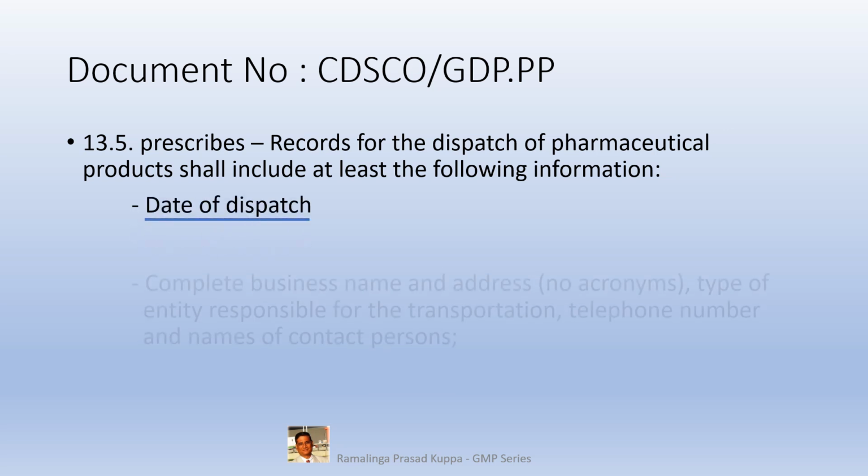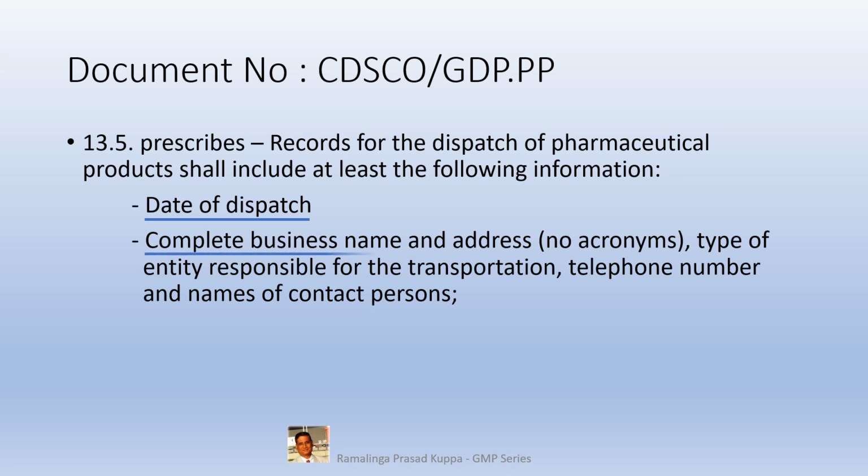Date of dispatch, complete business name and address, no acronyms, type of entity responsible for transportation, telephone number and names of contact persons. So, complete information of the distributor with all details as given here is a must.